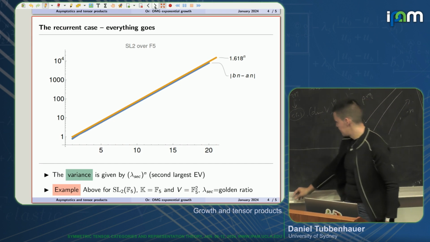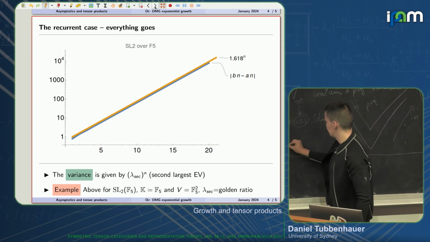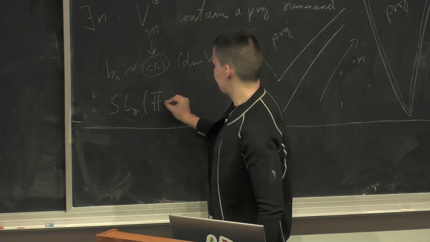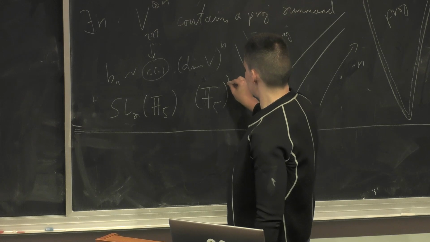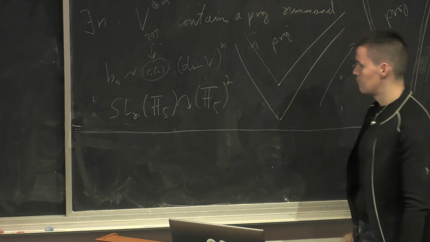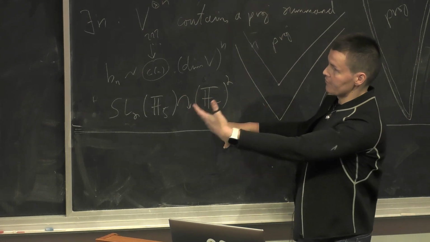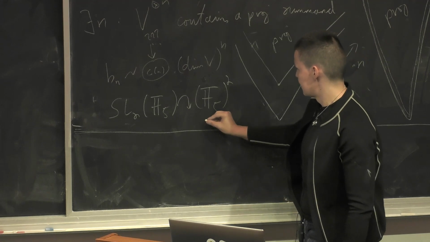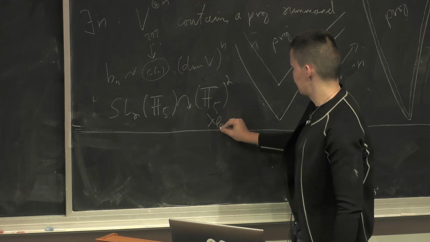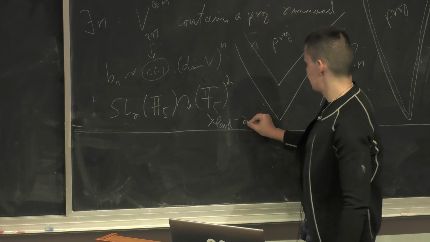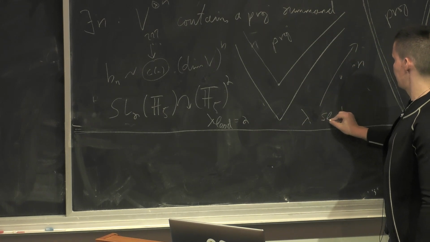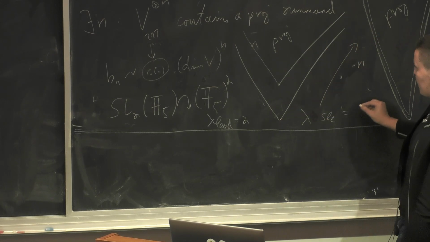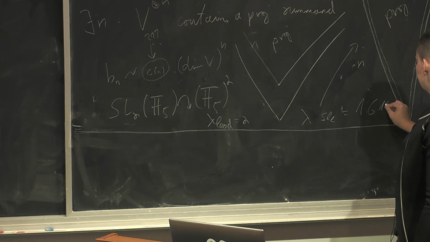So for SL2, I take F5, I act on F5 squared. The leading eigenvalue is 2. So lambda leading is 2, and lambda second turns out to be the golden ratio, 1.618.